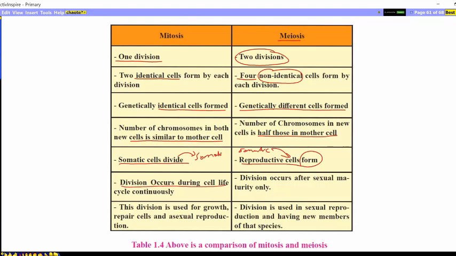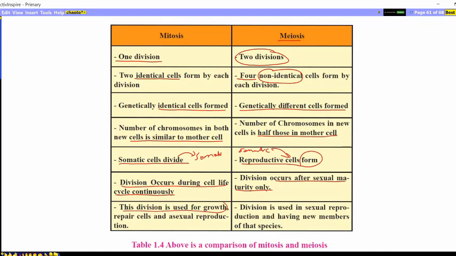Division occurs during the cell's life continuously. The day fertilization happens, the zygote passes through mitosis to form 2 cells, then 4 cells, as the organism grows, and when body parts need repair, mitosis occurs. Division of meiosis occurs after sexual maturity, when the organism gains the ability to produce reproductive cells.